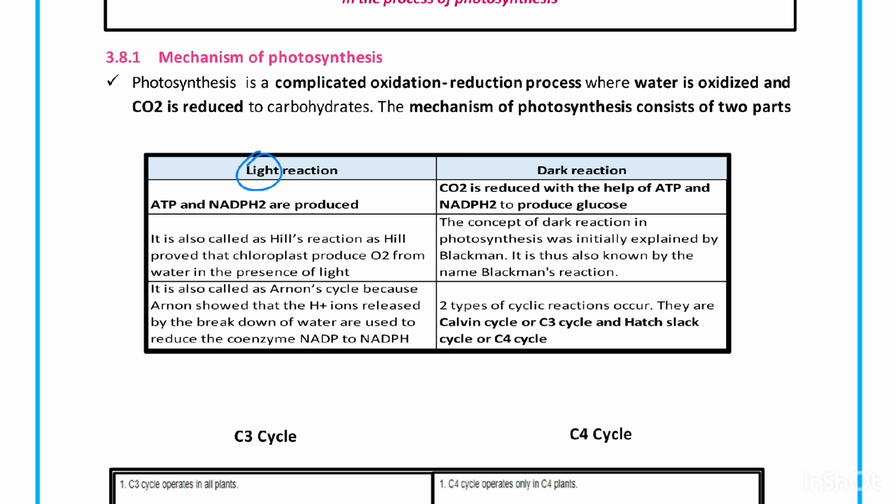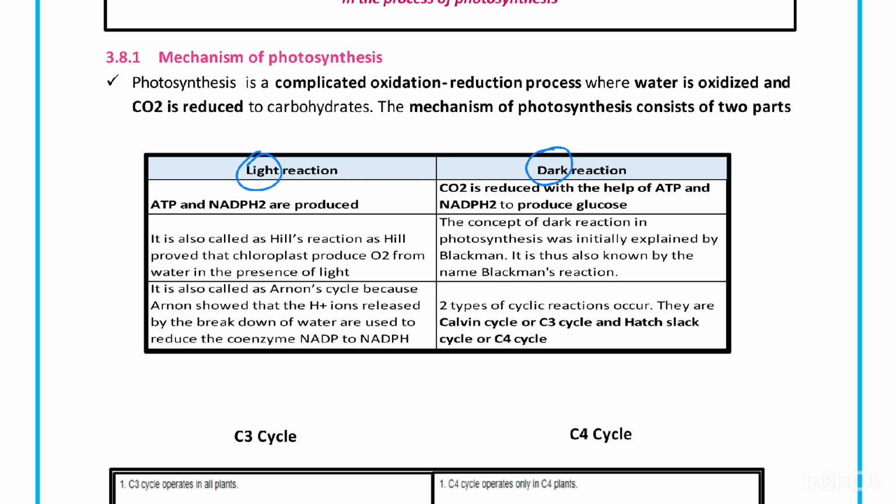Another part of the reaction is known as the light independent or dark reaction. It is happening in the dark or night time. It is not dependent on sunlight, hence the name light independent reaction or dark reaction.